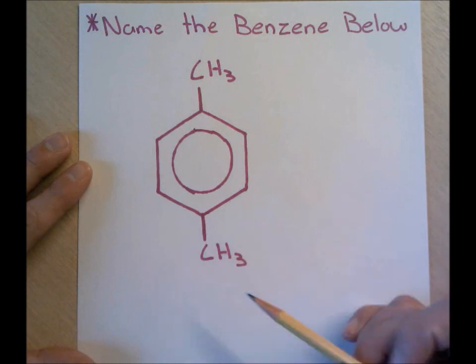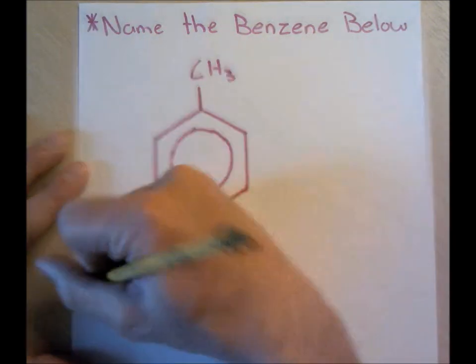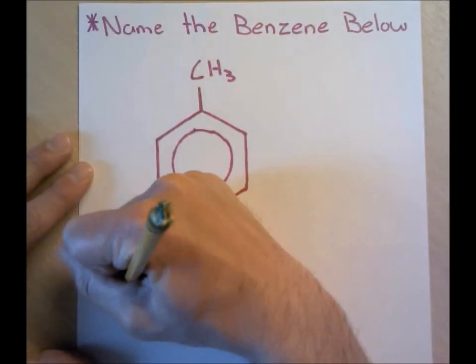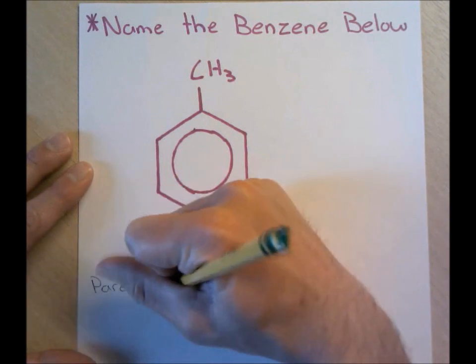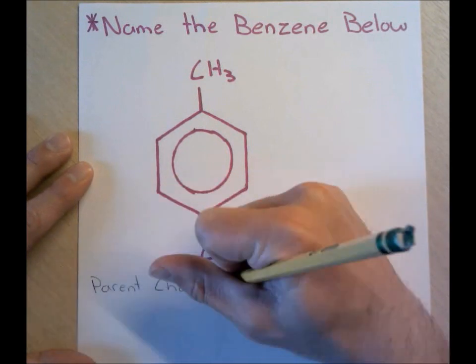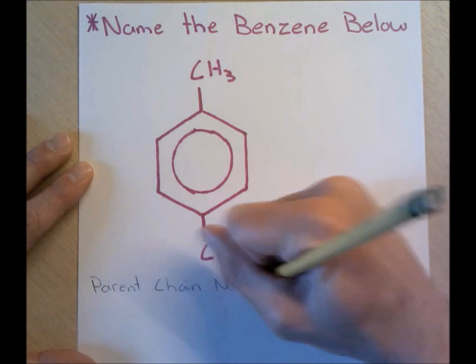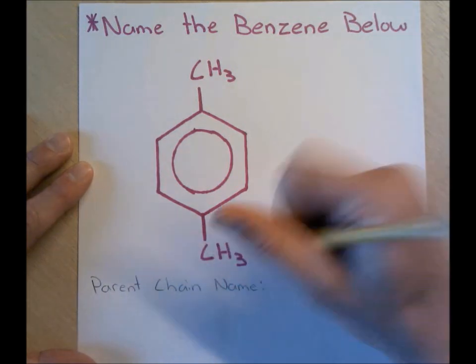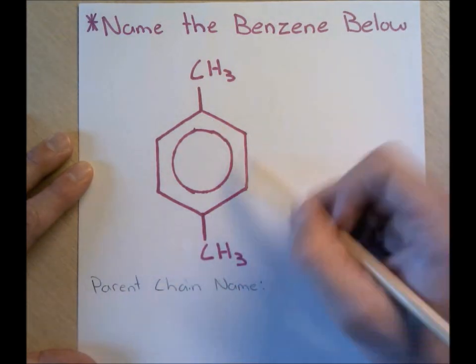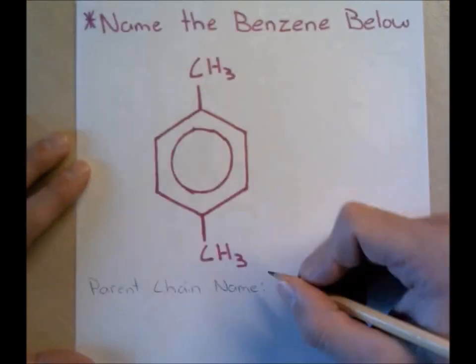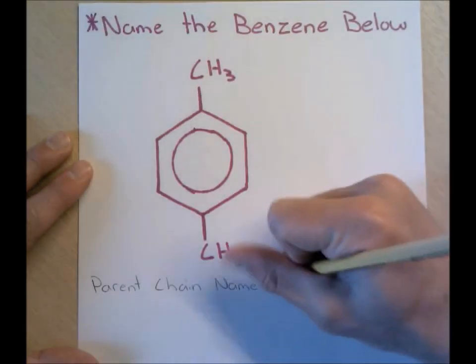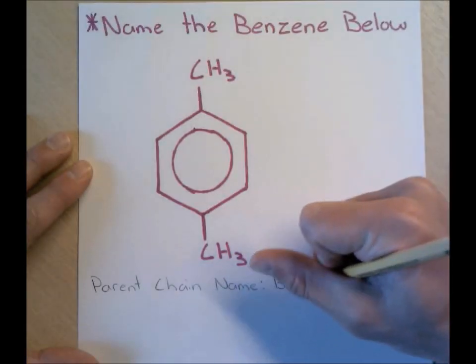This is the parent chain, or the longest chain name. Immediately, because you have the six-ring structure with the circle, we automatically name the parent chain benzene.